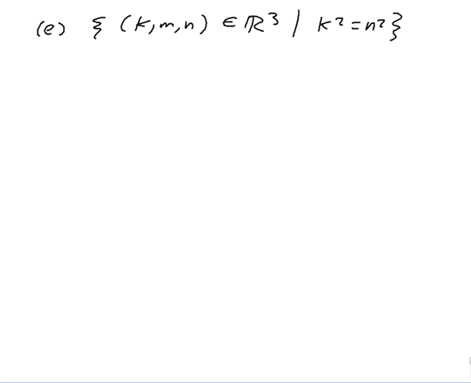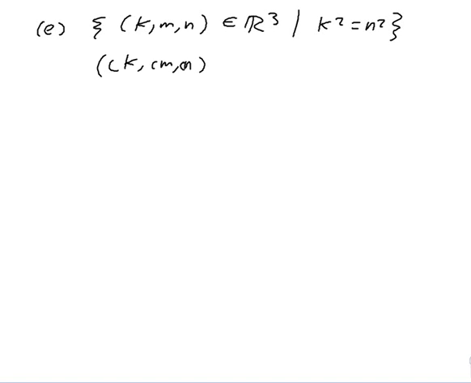Well, again, it doesn't look like a subspace because that is a quadratic equation. So I'll run through the rules and see what breaks first. 0 vector is fine because 0 squared is 0 squared. What about scalar multiplication? I think that one actually might be okay. Let me try it. What we'd want to show is that CK, CM, CN still satisfies the same equation.